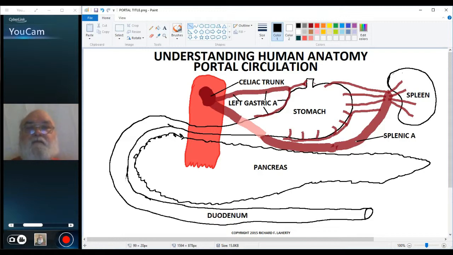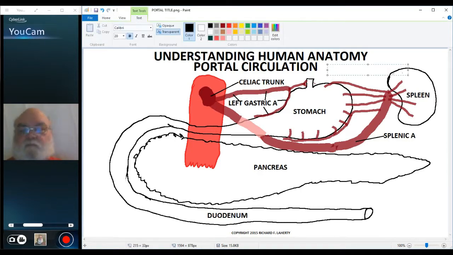We have some arteries here, actually several of them, called the short gastric arteries.